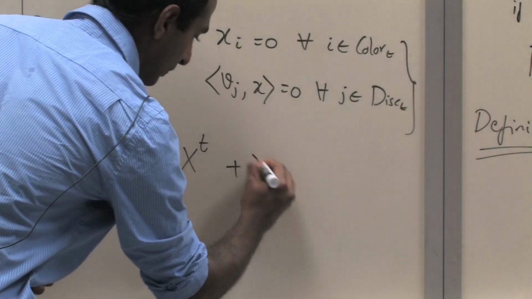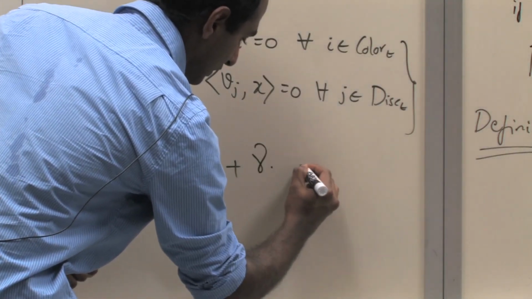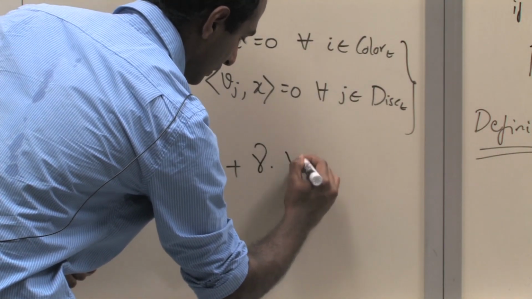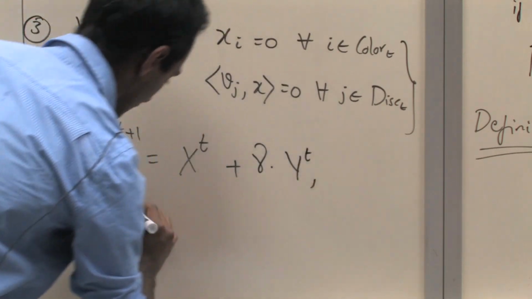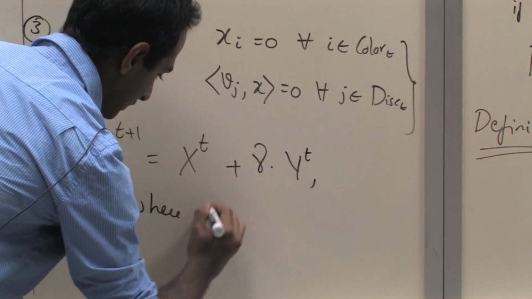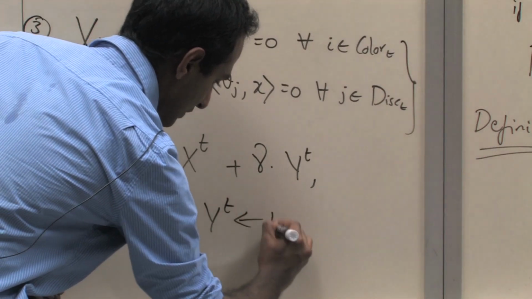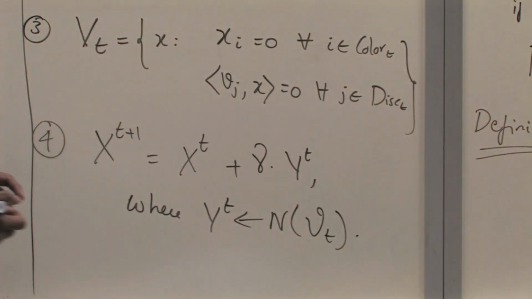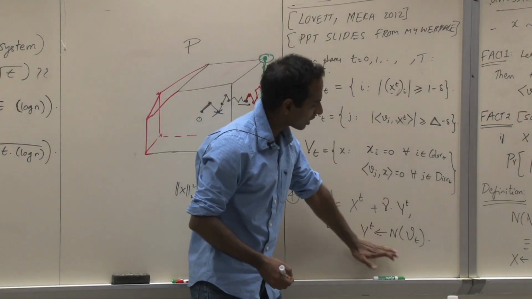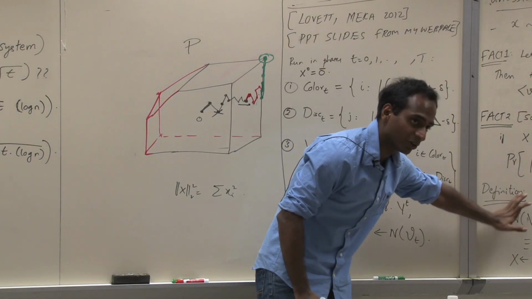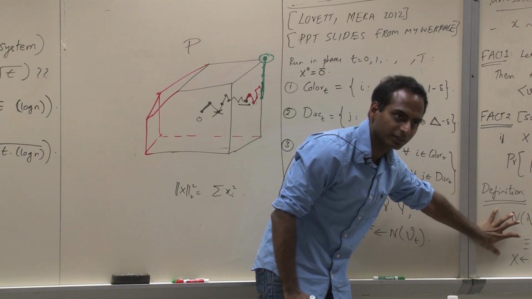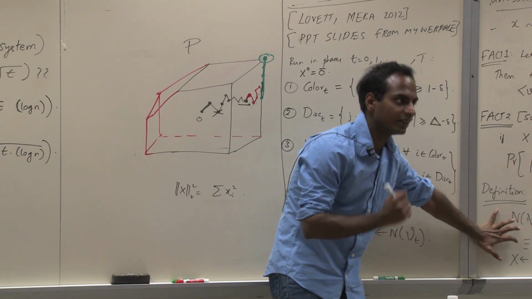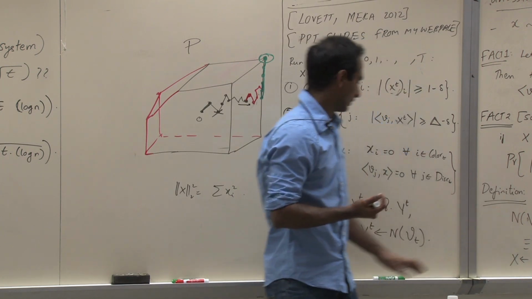So I pick a random Gaussian vector from the subspace Vt according to this definition here, and I take a tiny step in that direction.